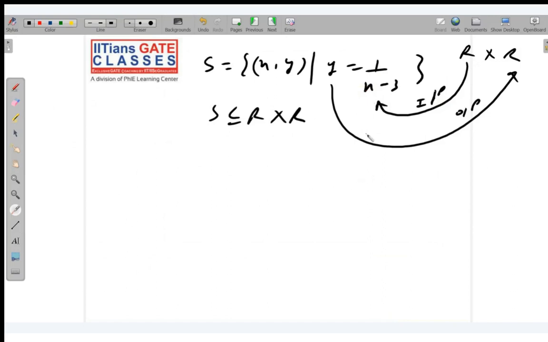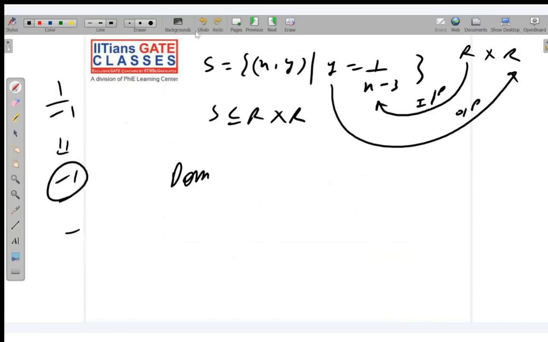Even if X is 2, we get minus 1, no problem. So the real number minus 1 is there, na? 1 upon minus 1 is nothing but minus 1 only. 1 upon minus 3, what does it mean?